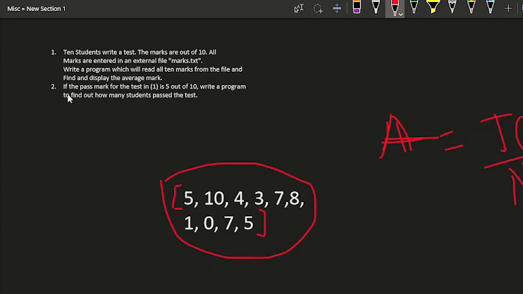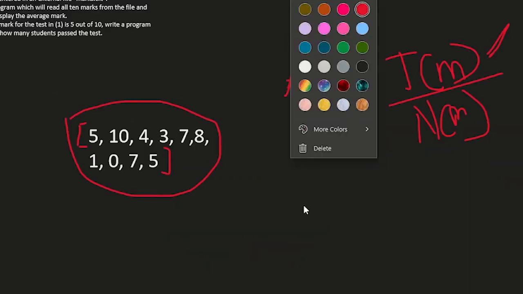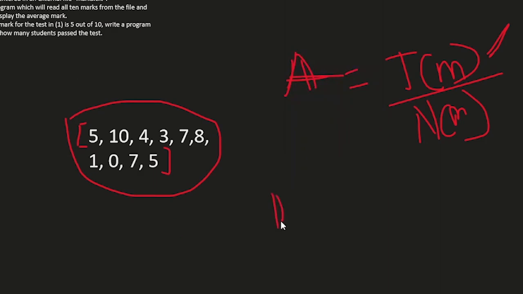The second question is, if the pass mark for the test in question 1 is 5 out of 10, write a program to find out how many students passed the test. Okay, the pass mark is equals to 5.